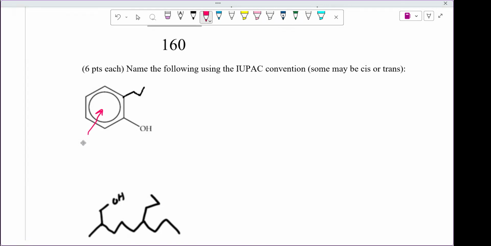It's called phenol base. And it has a branch at carbon 2. So it's 2-propyl phenol. Propyl because we have 1, 2, 3 carbons there.